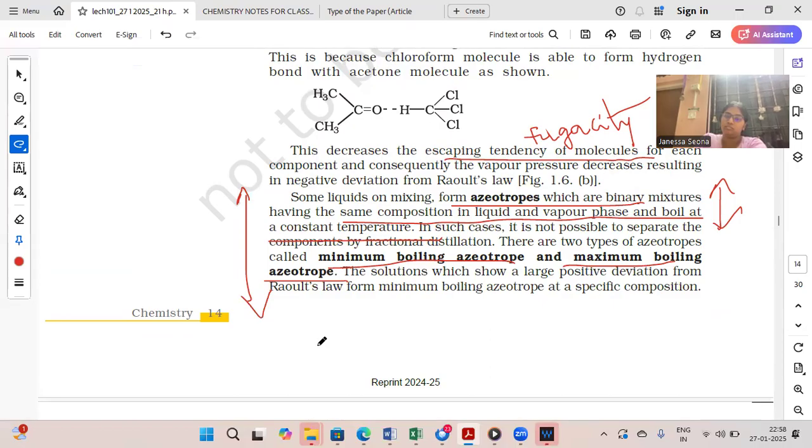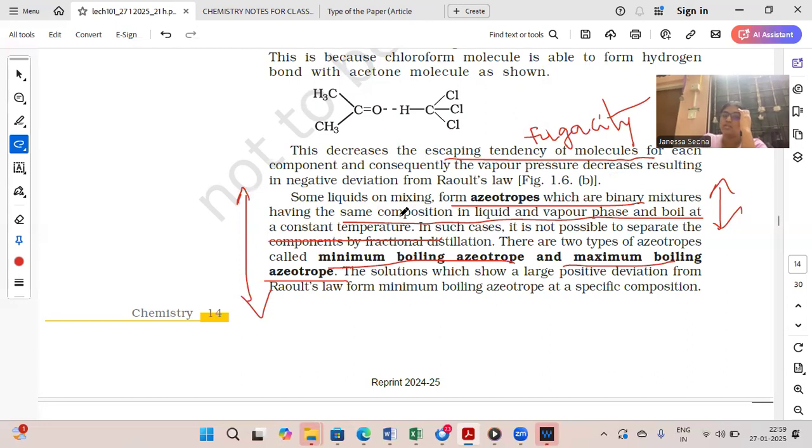Can you please read this particular paragraph for me, Janisa? Some liquids on mixing form azeotropes, which are binary mixtures having the same composition in liquid and vapor phase and boil at constant temperature. In such cases, it is not possible to separate the components by fractional distillation.